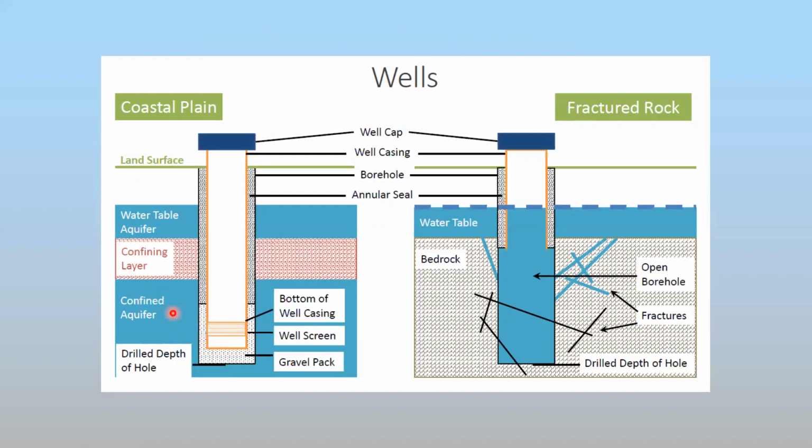Since this is a sandier, gravelly type of geology, the bottom of the well will have a well screen to protect the well from pumping up any sand particles, etc. Within this area is the submersible pump and the well screen, and water is basically filtering through this gravel pack here at the bottom of the well casing and then enters the well.